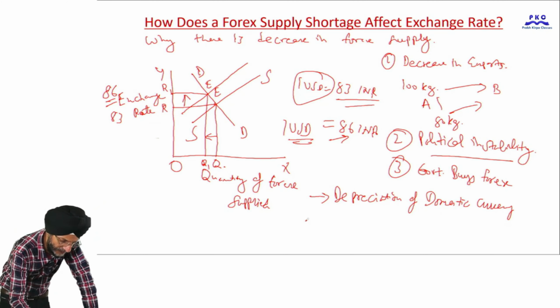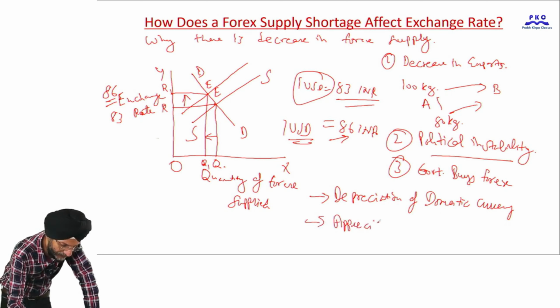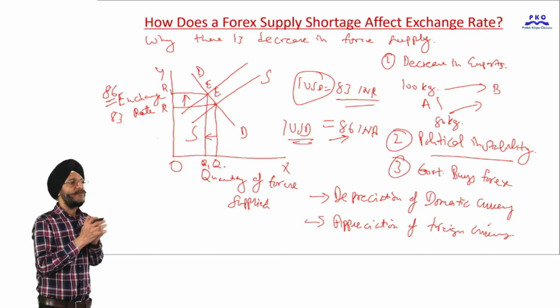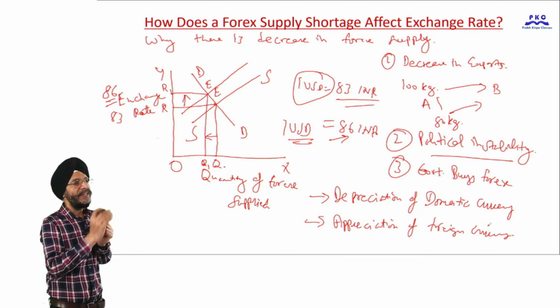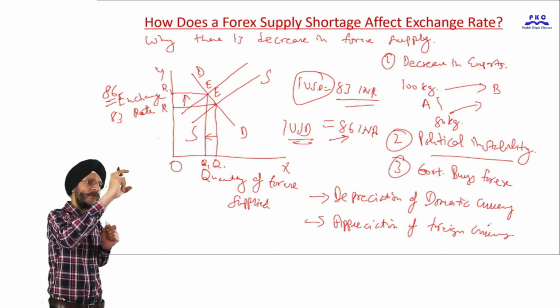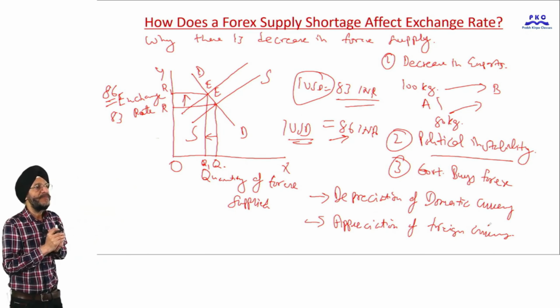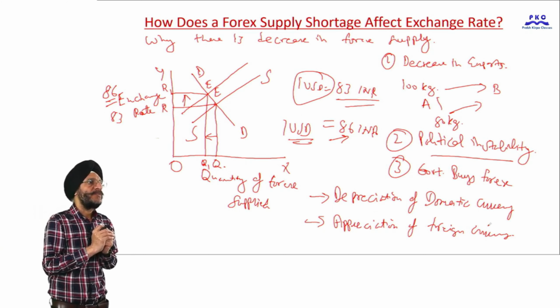It also means that there is appreciation of foreign currency. How it is? Earlier the residents of USA were getting 83 Indian rupee for $1, but now they are getting 86 rupees for $1.